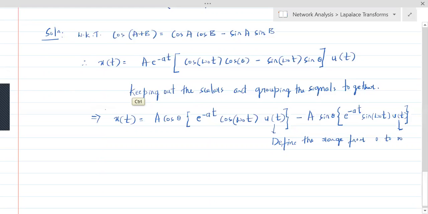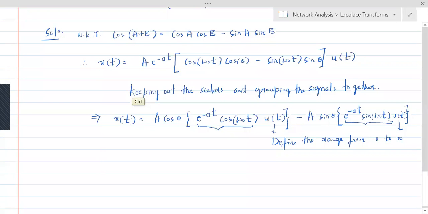Okay, so you'll be applying Laplace transform only on the standard transform. If u of t is there, then it is just a range defining function. So we are applying transform on only these. Get that? So if you write u of t or if you don't write u of t, that is not going to make a difference, because anyways the standard transforms we are applying go from 0 to infinity.